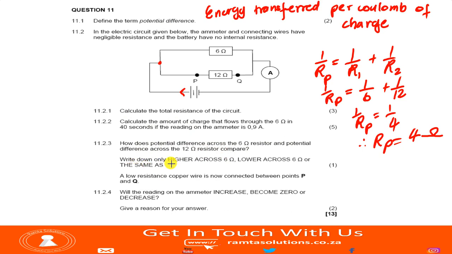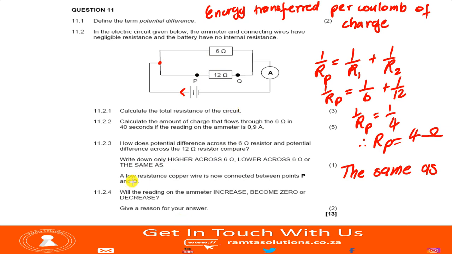Is it higher across 6 ohm, lower across 6 ohm, or the same as? Guys, these are resistors connected in parallel. Since they are connected in parallel, our answer is simply the same as, because resistors connected in parallel have the same potential difference.